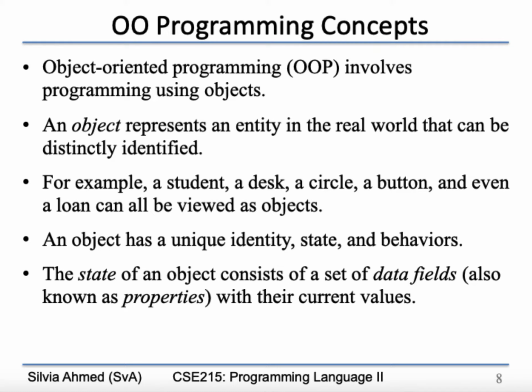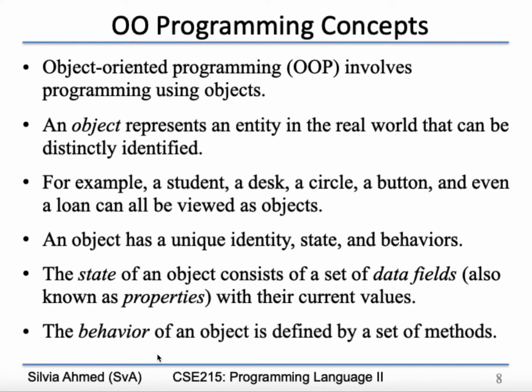The state of an object consists of a set of data fields, also known as properties, with their current values. In terms of a student, the data fields can be the name, the ID, the CGPA of the student, and so on.